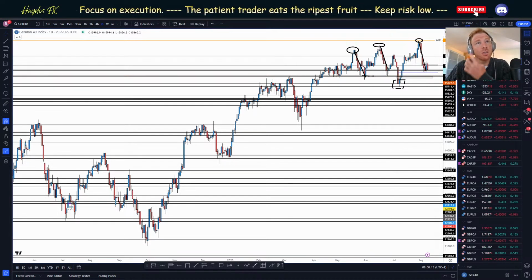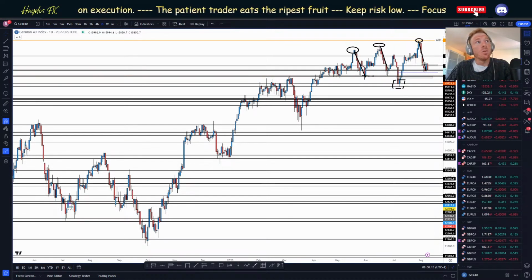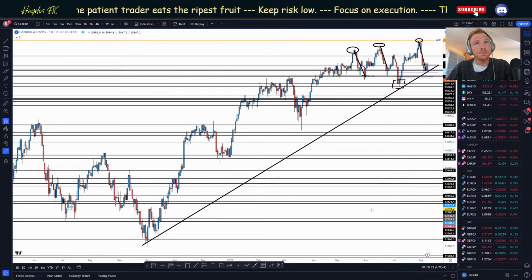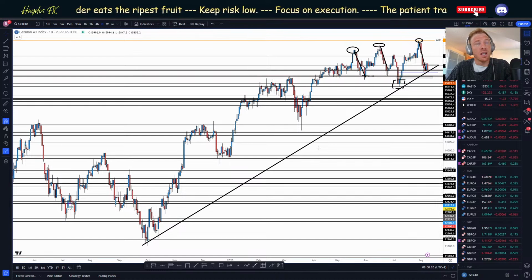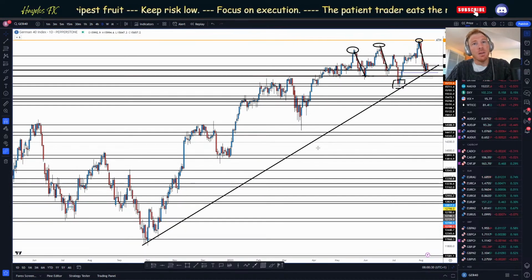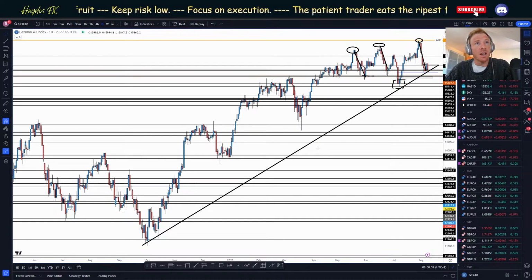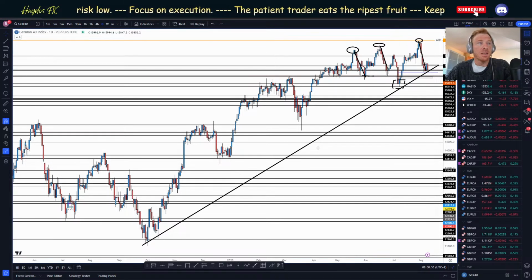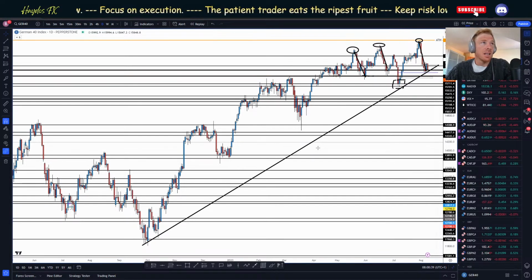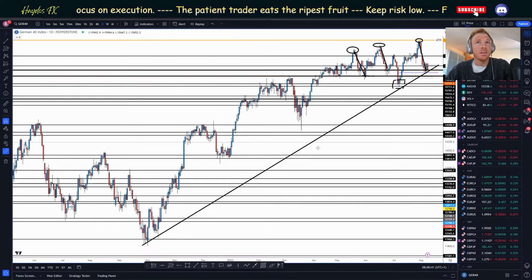So I would imagine that we could go down further, but I'd need to see more reasons fundamentally for it to continue much further, given we're in a bull run. So it's going to take more than one piece of information to really change the trend. Every day is different, we're kind of scalpers. So I can have an idea of where it's going based on the fundamentals, but some days might be a buy day. Like yesterday was a buy day.